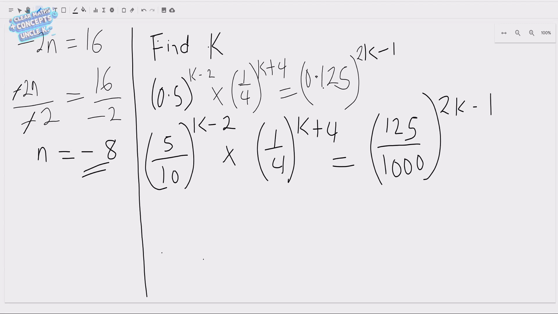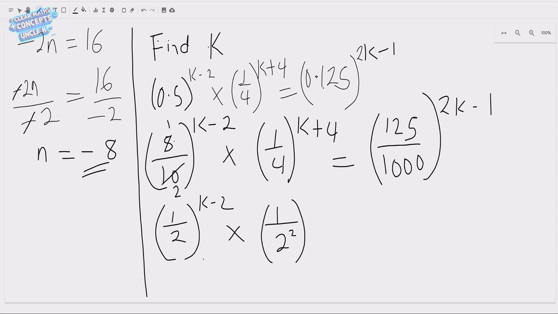So what can we do here? Okay, so if we divide this, 5 can go here 1, 5 can go here 2. So you have 1 over 2 raised to k minus 2. This can be written as 1 over 2 raised to 2, k plus 4.